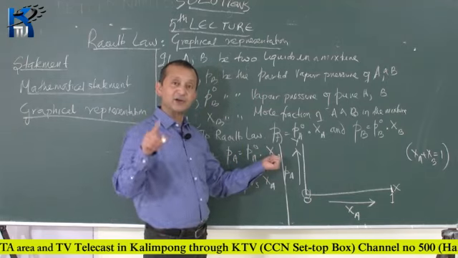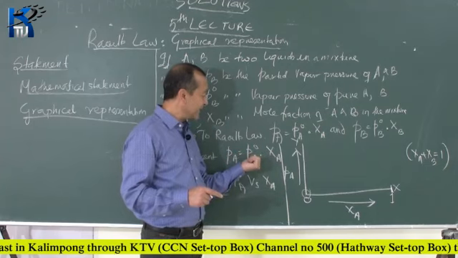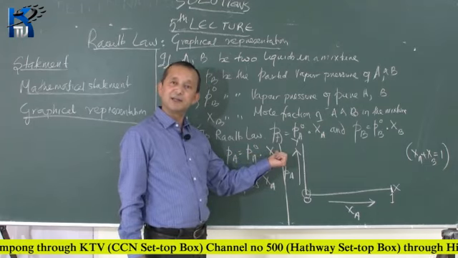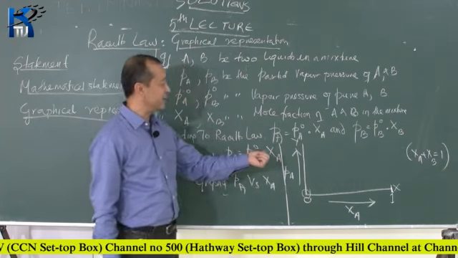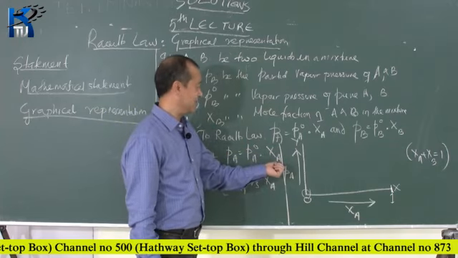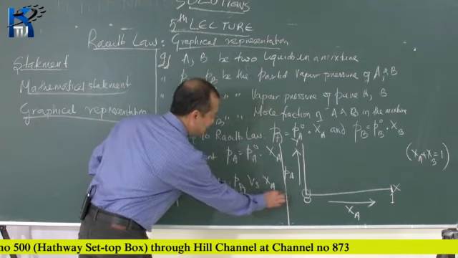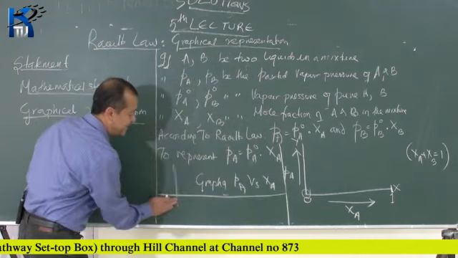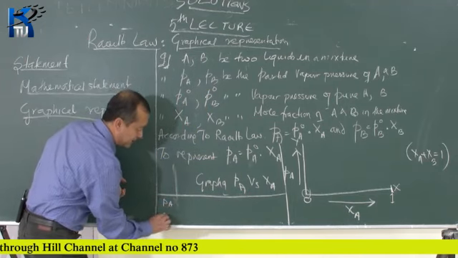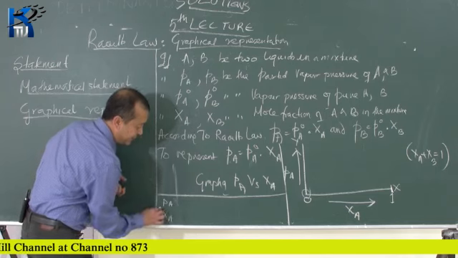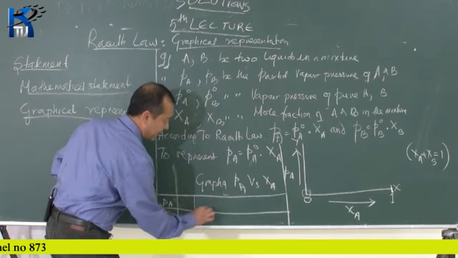When XA is 0, PA is equal to something into 0, which is 0. Otherwise, even if you do this experimentally, how do you do it experimentally? I'll just show you. Graphical representation means experimentally you get two sets of values.